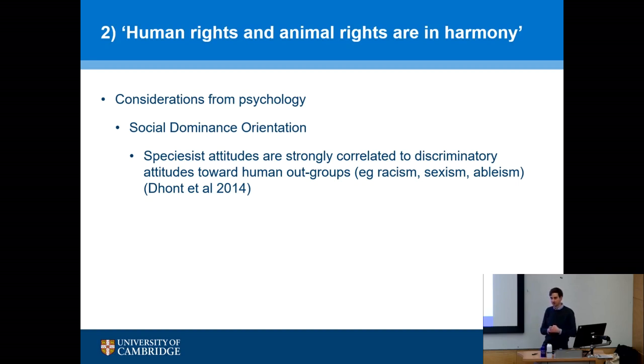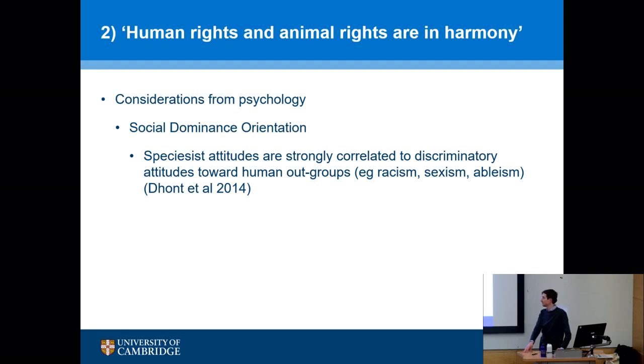Some individuals value them more or think more in terms of hierarchies than others. So, social dominance, basically. And it turns out, as research by Dhont and others, which you'll find on the handout if you're interested, has shown, that speciesist attitudes correlate with discriminatory attitudes toward human outgroups.